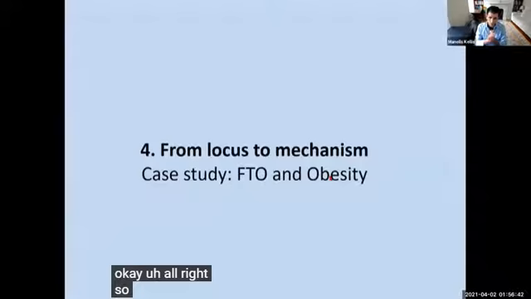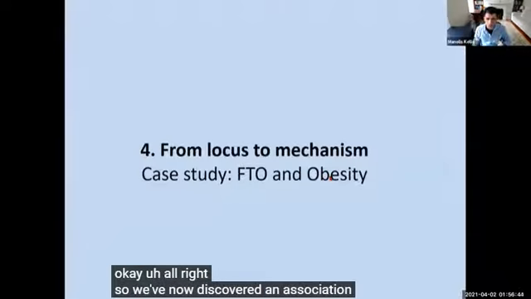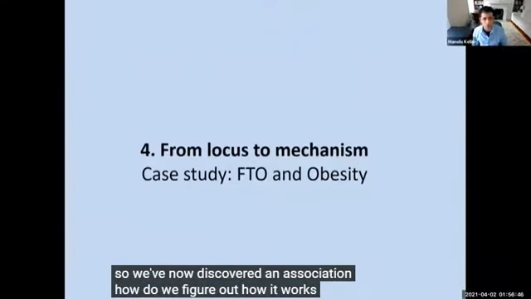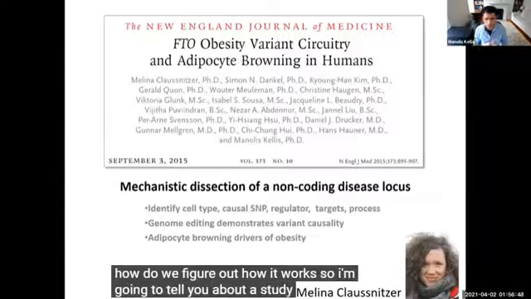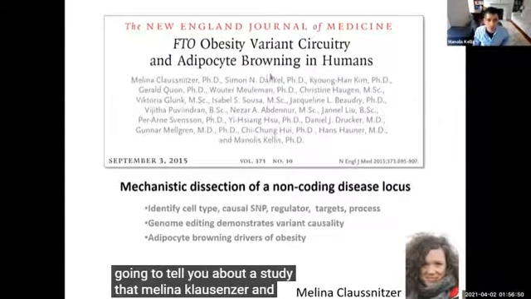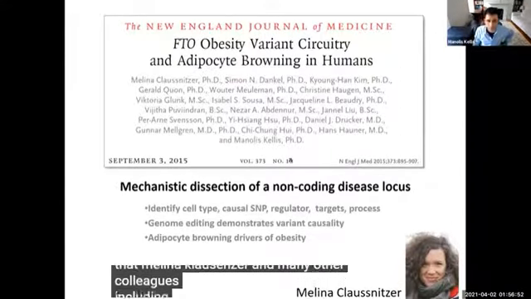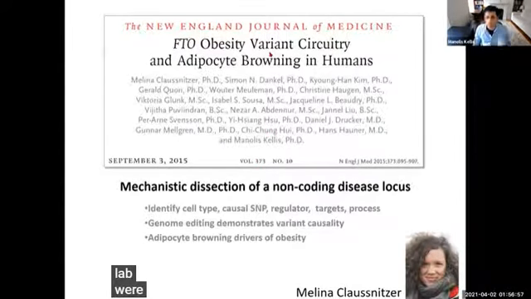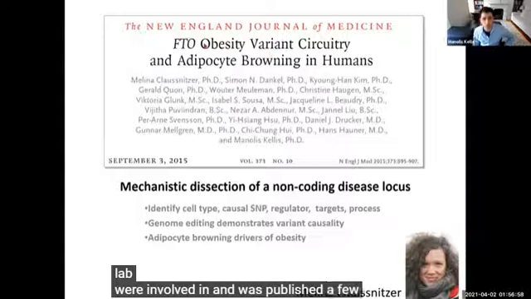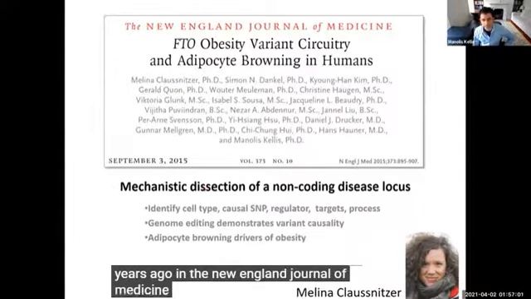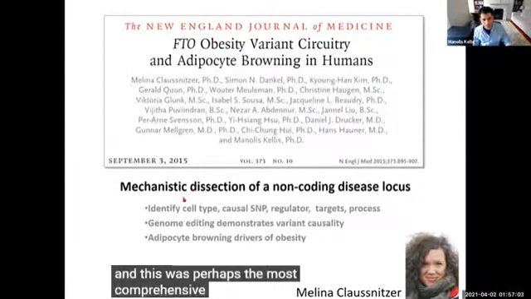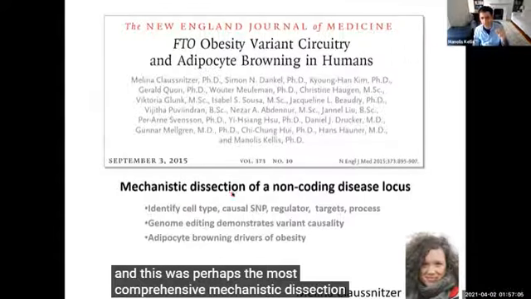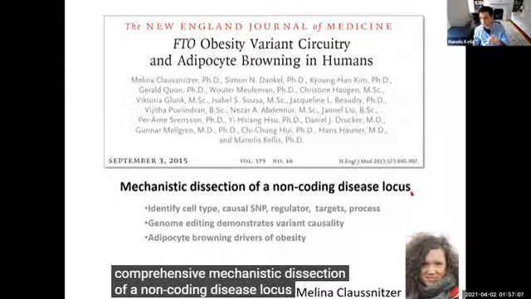All right, so we've now discovered an association. How do we figure out how it works? So I'm going to tell you about a study that Melina Clausenther and many other colleagues, including several folks from my lab, were involved in and was published a few years ago in the New England Journal of Medicine. And this was perhaps the most comprehensive mechanistic dissection of a non-coding disease locus, okay?